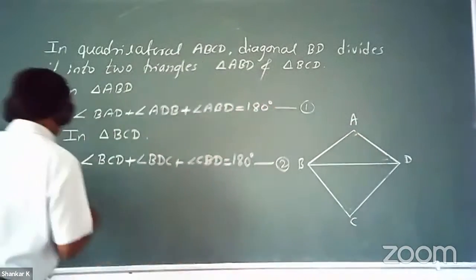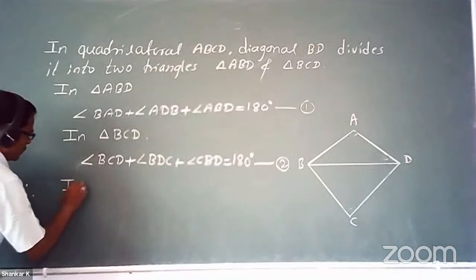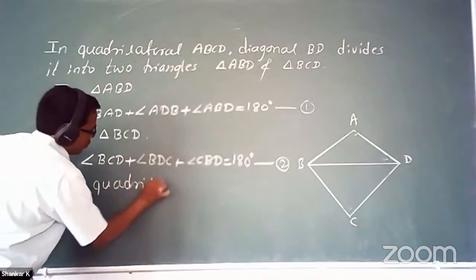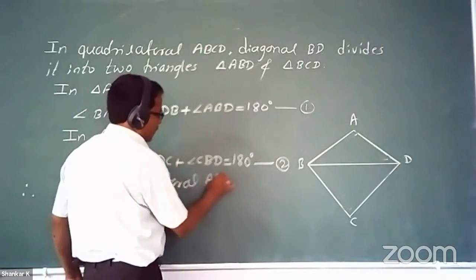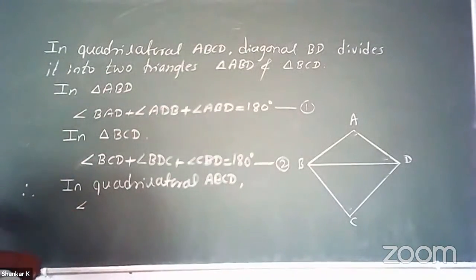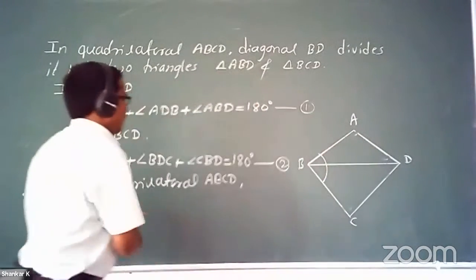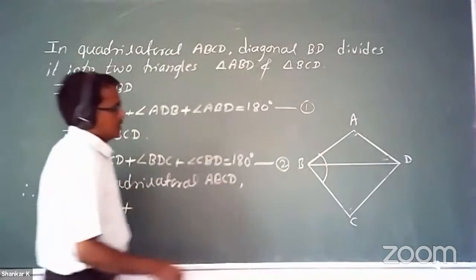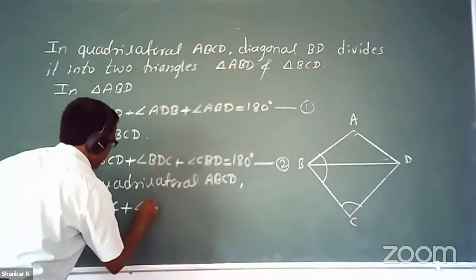Okay. Now in quadrilateral ABCD, angle ABC, this one, plus angle BCD, this one.